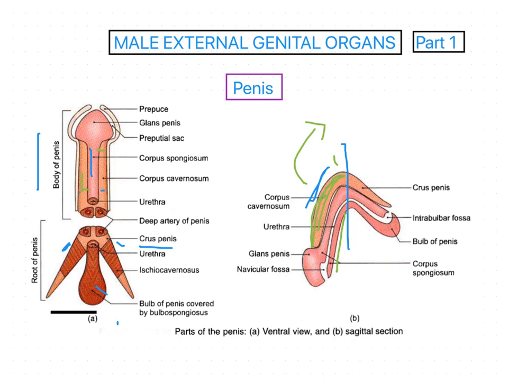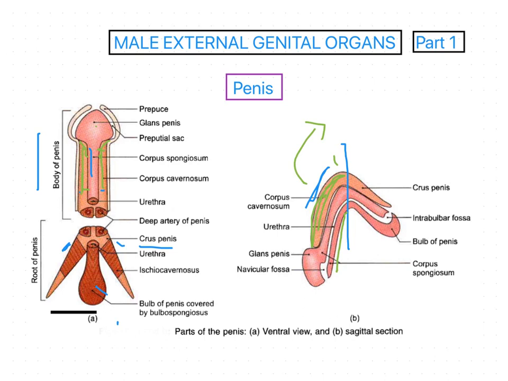Anteriorly, the two corpora end blindly under the cover of the glans penis. So the corpora cavernosa end below this glans penis.